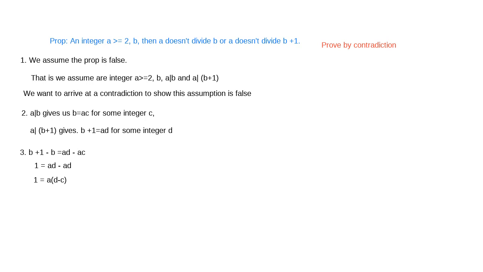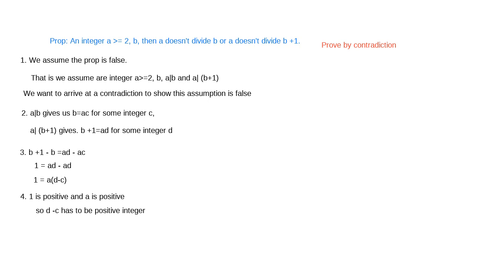Right? So step 4, 1 is positive, and A is positive. Remember we said A has to be at least 2. 1 is positive and A is positive, so D minus C has to be positive, a positive integer.